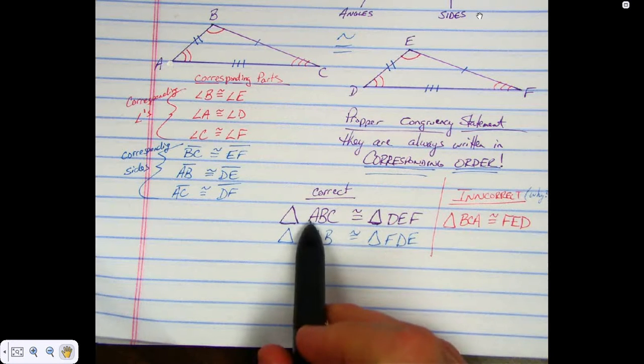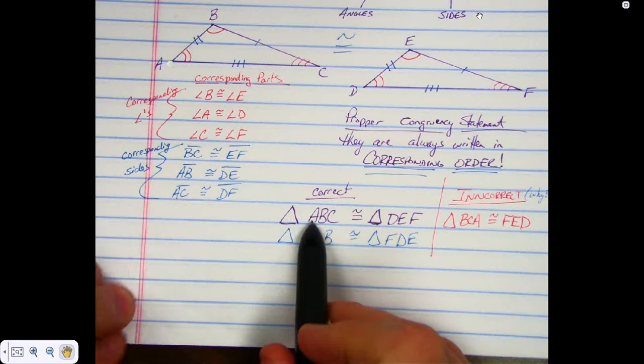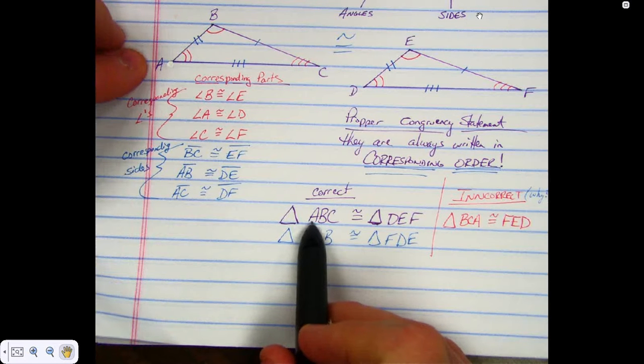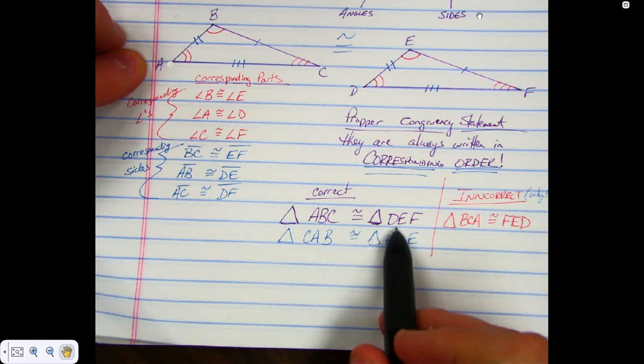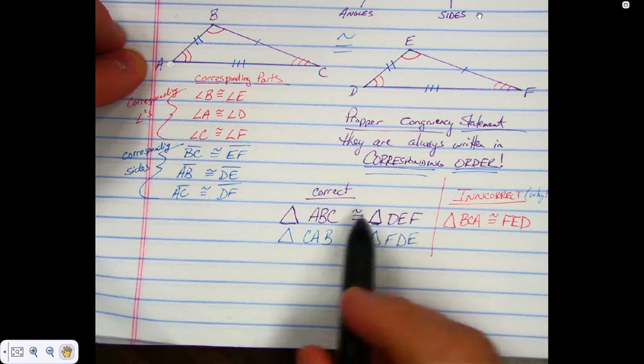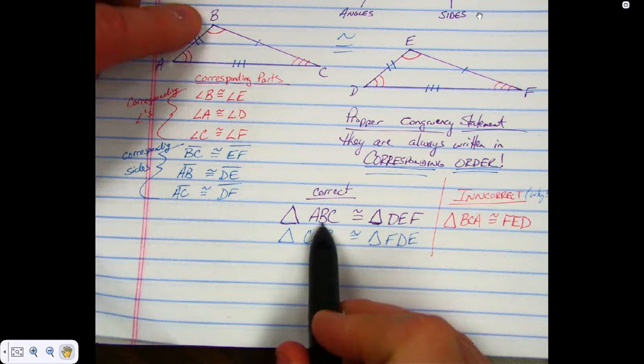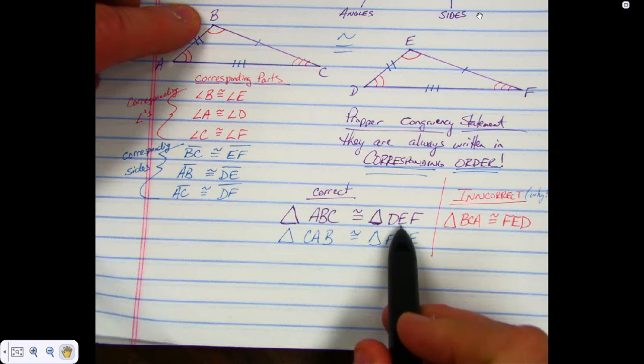The reason this is correct: what is the copy of A? D. I wrote A first, so I need to write A's copy first on my triangle over here. What is the copy of B? So I needed to write E next.